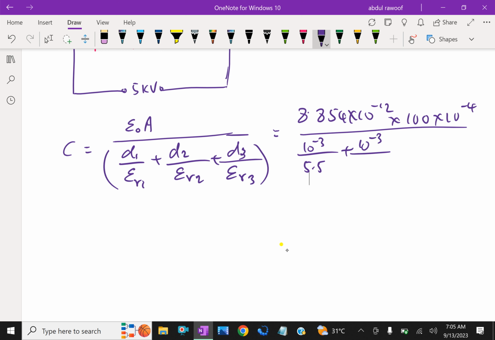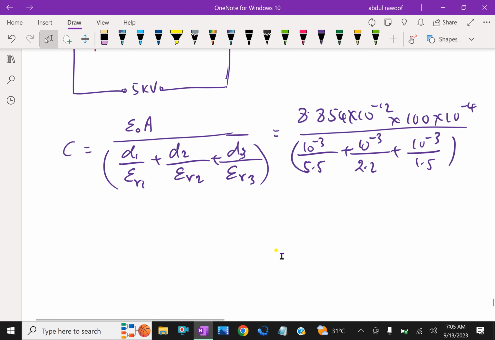Second thickness 10 power minus 3, over 2.2 for the second dielectric, and the third dielectric is 1.5. So we calculate this further.